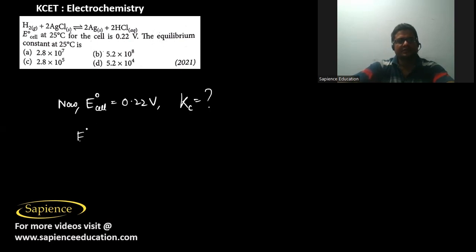Now E naught cell is given as 2.303 RT log Kc by NF.